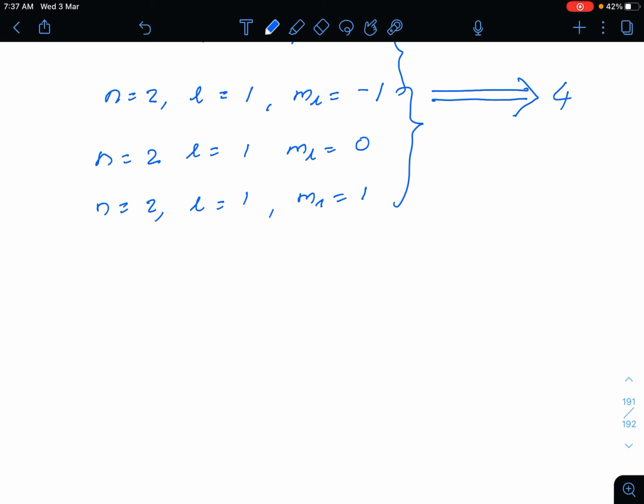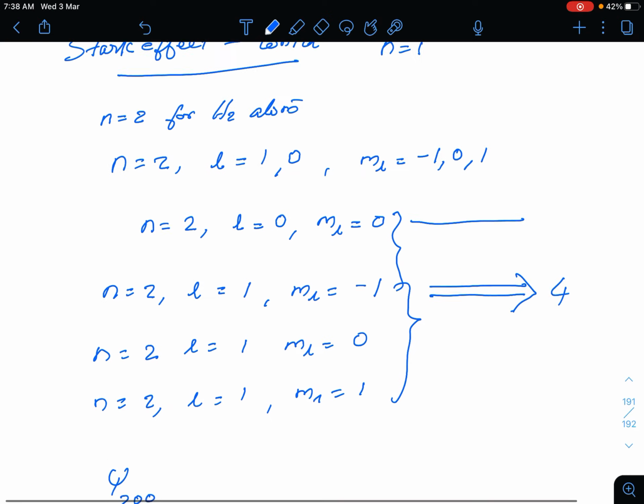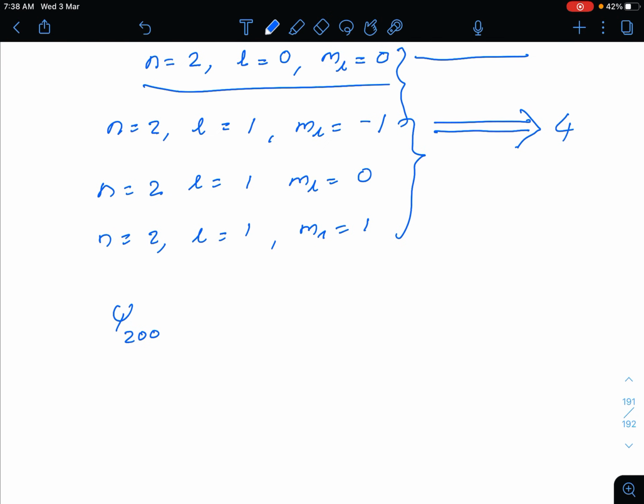So let's consider the first state. Let's write what the 4 different states are, I mean the wave functions. The first wave function is psi 200.